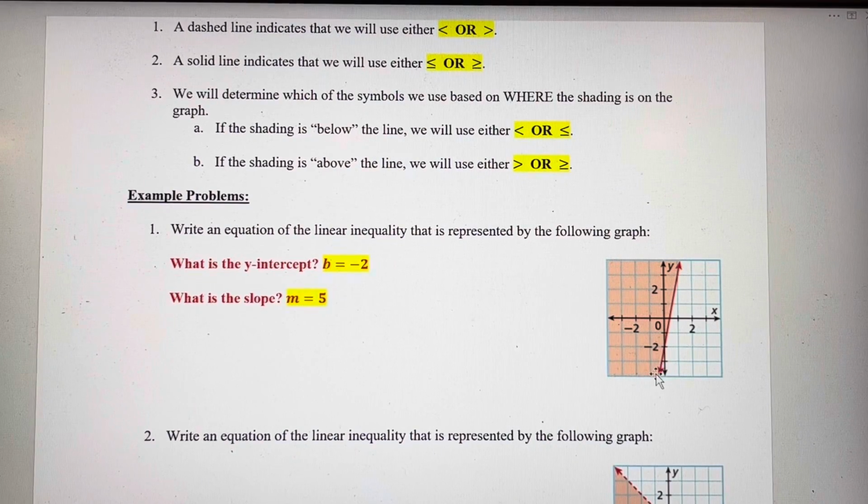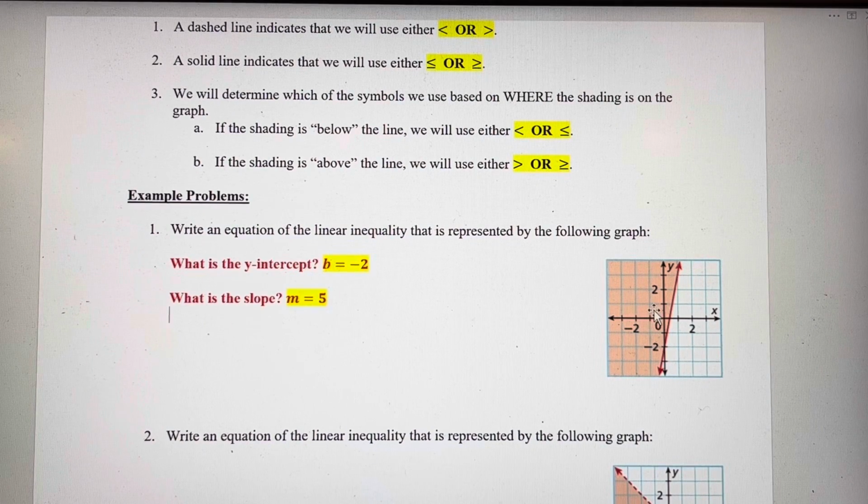Remember, a line that goes up and to the right has a positive slope, okay? So that's why the slope is +5. So I have everything I need to write an equation, okay? The difference here is I don't need an equation, I need an inequality, okay? So because I've got a slope of 5 and a y-intercept of -2, I'm going to have y is equal to 5x minus 2, all right?